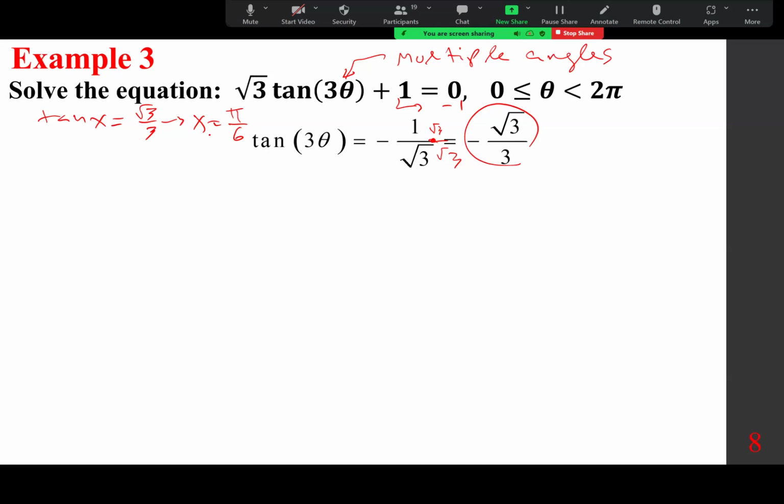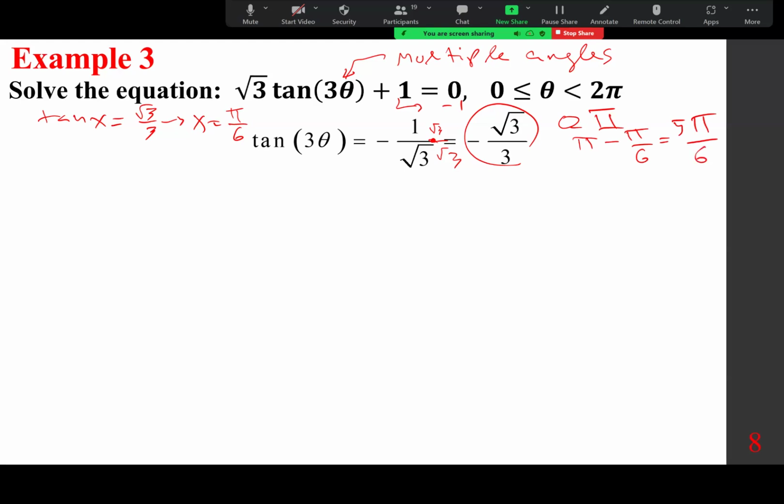However, when it's negative, that puts it in quadrant 2. And for quadrant 2, pi minus pi over 6 is 5 pi over 6.